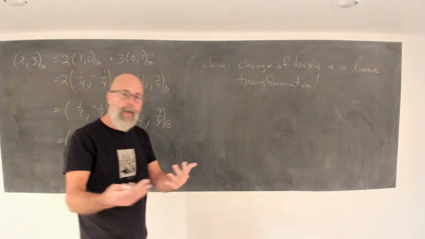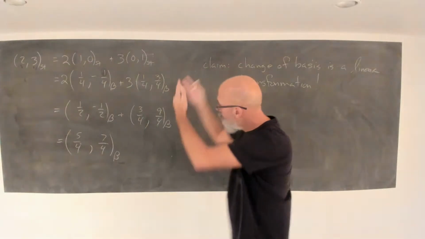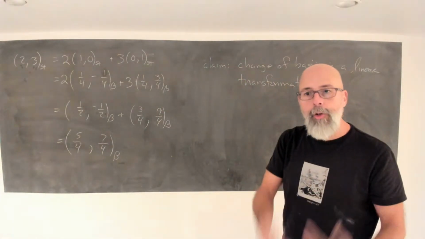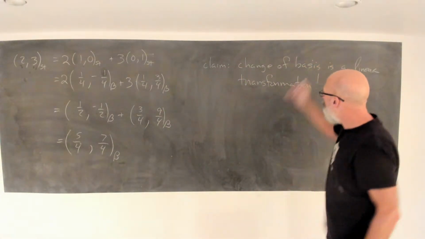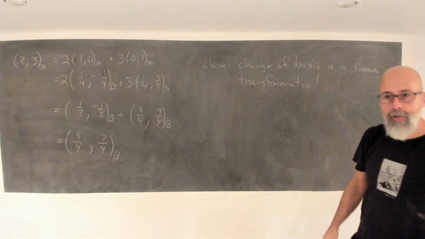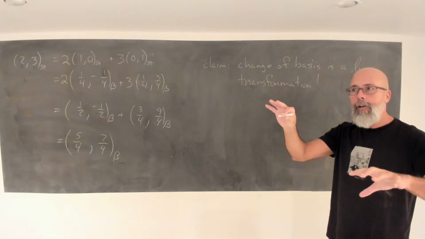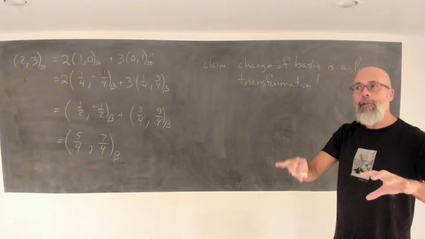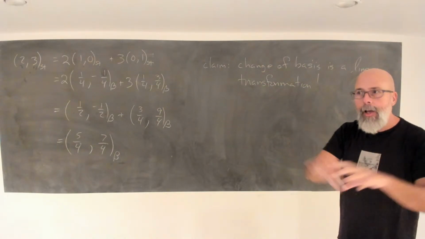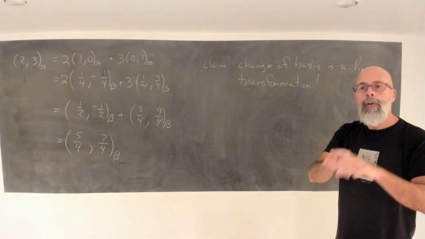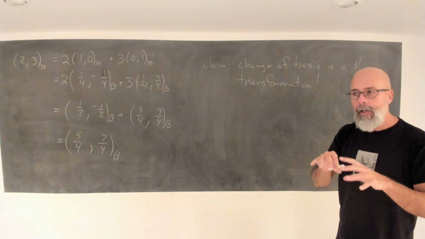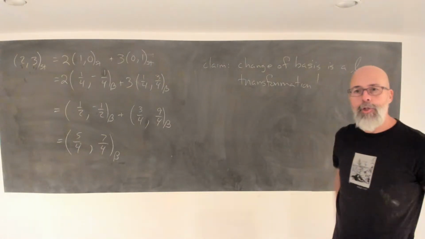There's only one way to write it. This way works, and consequently, it's the only way. A change of basis is a linear transformation. You have two vectors. You can find the change of basis for one vector, find the change of basis for the other, and add them to get the change of basis for the original sum.